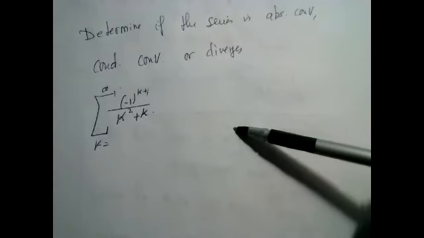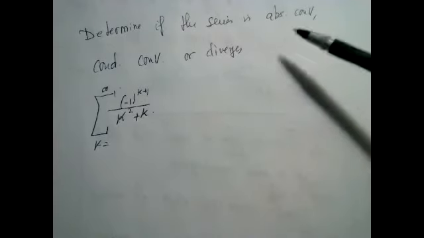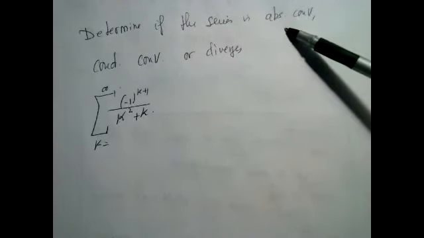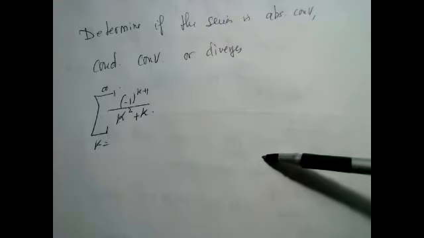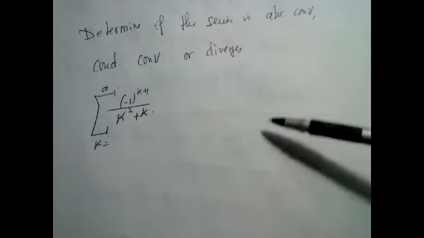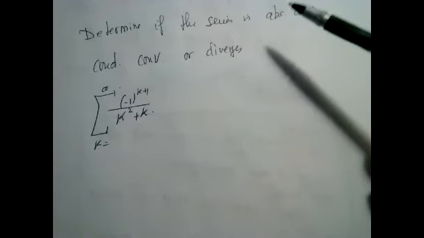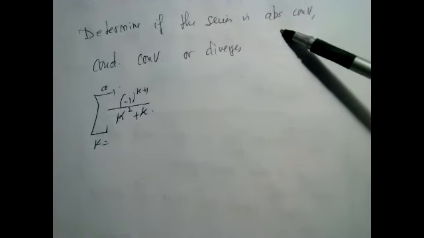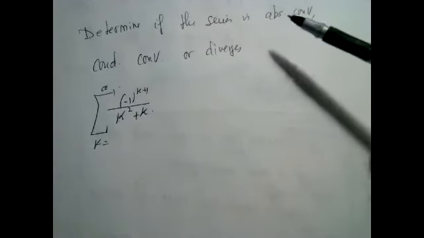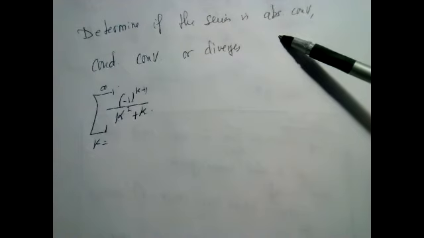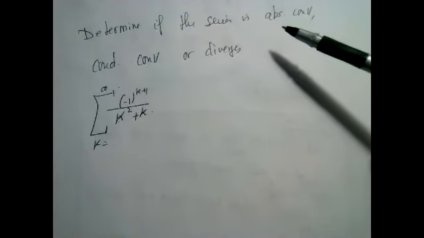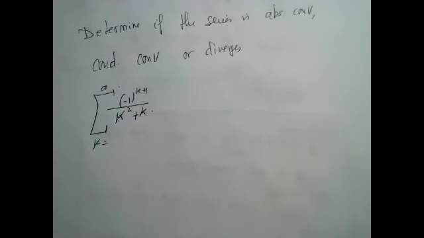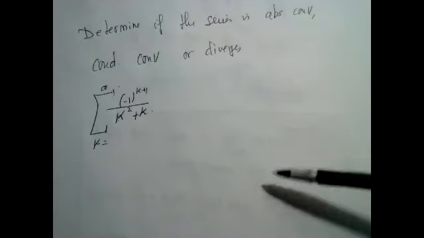Are we done? No. What we have to do is check if it's convergent in absolute value. So what do you think I'm going to do now? What's the better approach, the fastest approach? I will start with the absolute convergence. If it converges with absolute value, I am done, because if it converges with absolute value, it will converge without it as well.